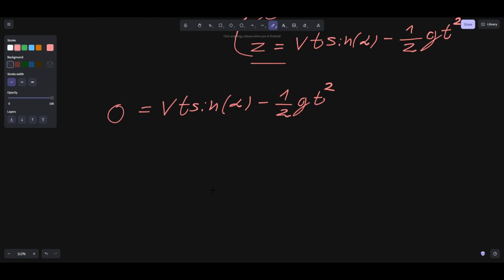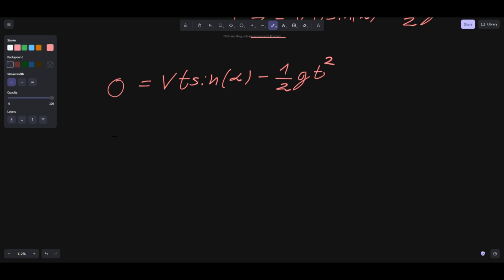And of course we can rewrite it in a better way. We can rewrite it as half gt squared equals vt sin alpha. I'm skipping a couple of steps here because I'm putting this on the other side and I'm cancelling the minuses. You should be able to see where I'm coming from with this.